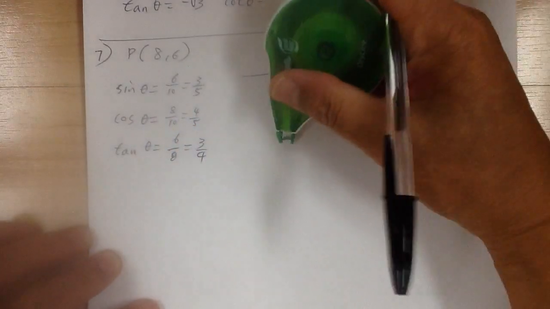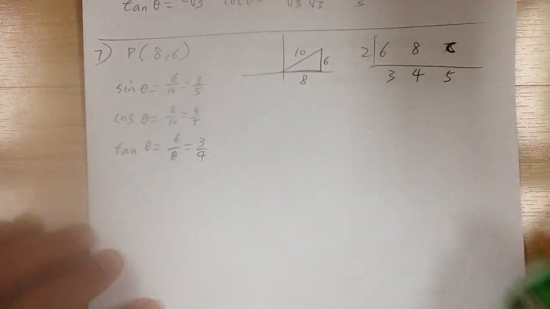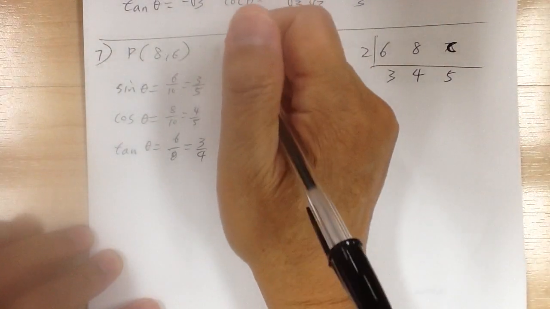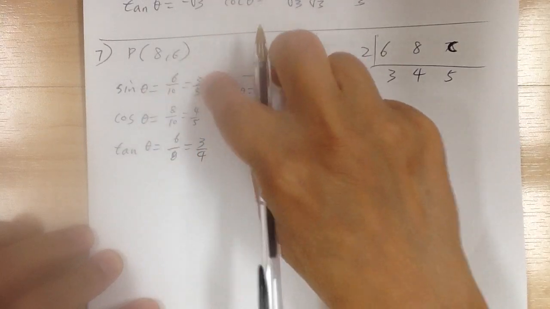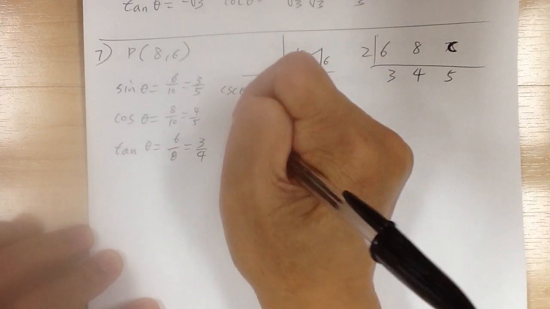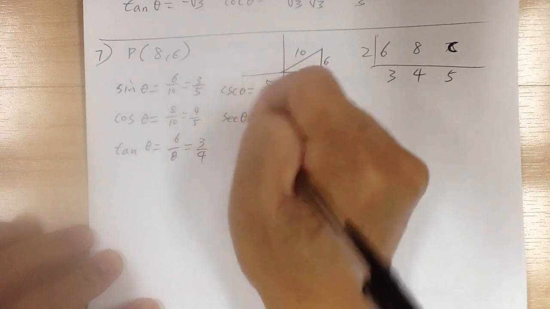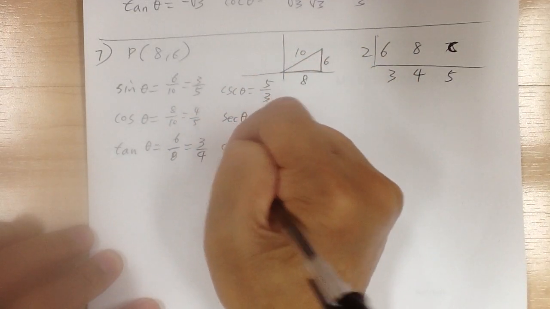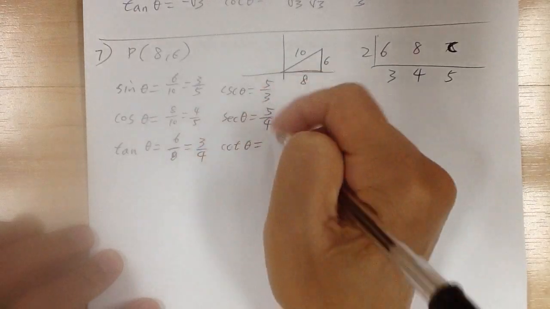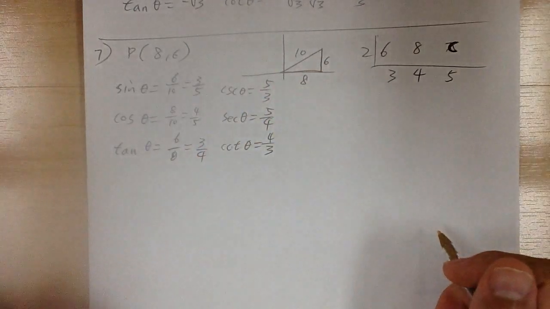Okay, then after that, you get the secondary functions. So cosecant theta, you flip this over, so it'd be 5 over 3, and secant theta, flip this over, you get 5 over 4, and cotangent theta, you flip this over, so you get 4 over 3.